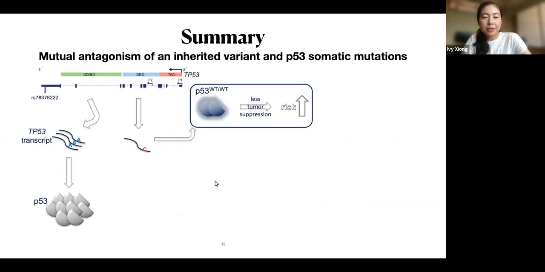To summarize the first part, by this case study looking at this variant and the PP3 mutation, I showed there's a mutual antagonism between the inherited variant and PP3 somatic mutation. So here's the story. If you have the major A allele, you'll end up transcribing PP3 as usual, and then you have an abundant copy of PP3 when it's activated.